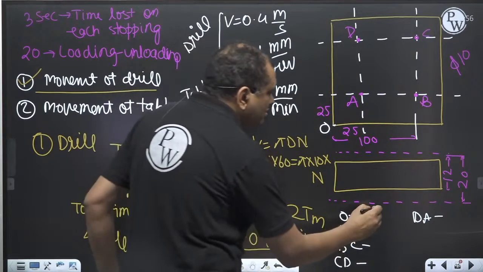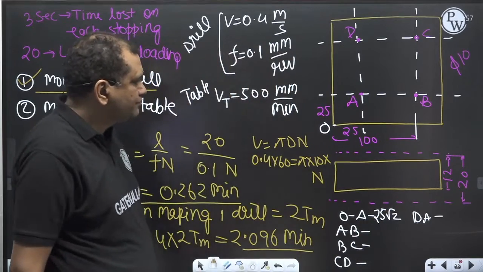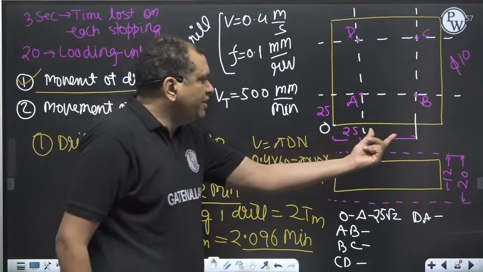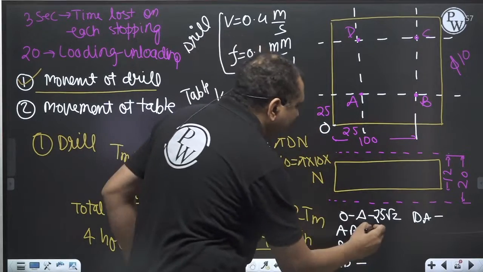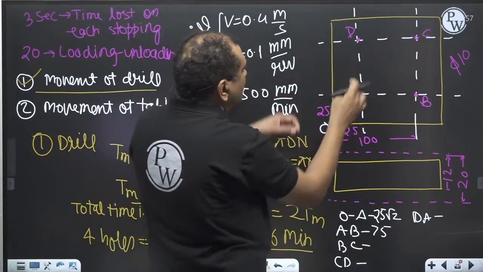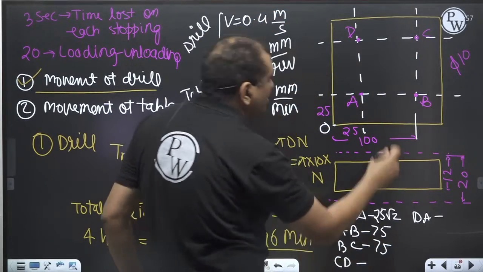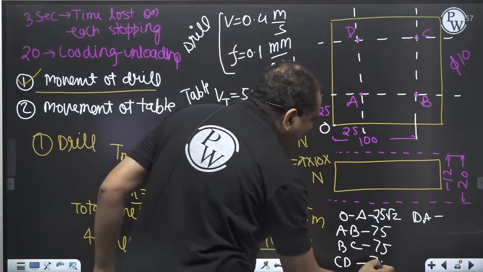O to A is 25 under root 2. A to B is 100 minus 25, which is 75. B to C is 100 minus 25 plus 75. C to D is again 75.